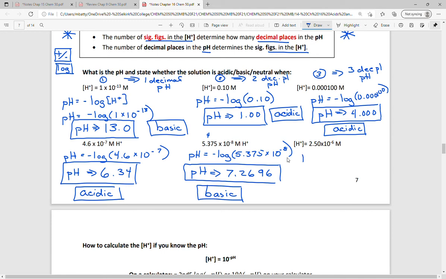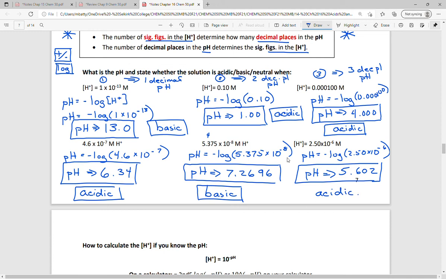Last one on the page. You could write out the equation, or you could just write out what you're going to put into your calculator. The convention of rounding, I've got 3 sig figs, so my pH will have 3 decimal places, so 5.602 on my calculator. And if something has a pH of 5, that would make it acidic.